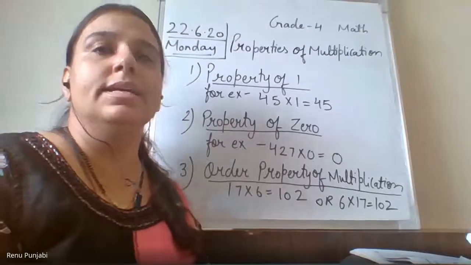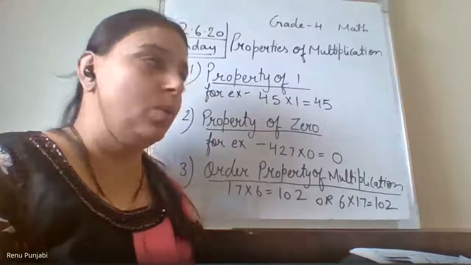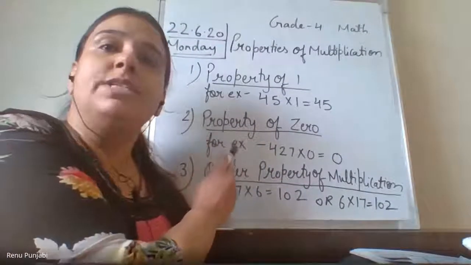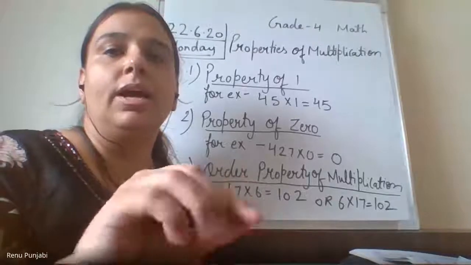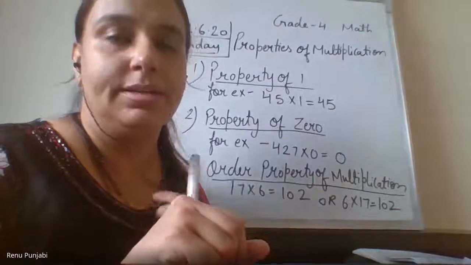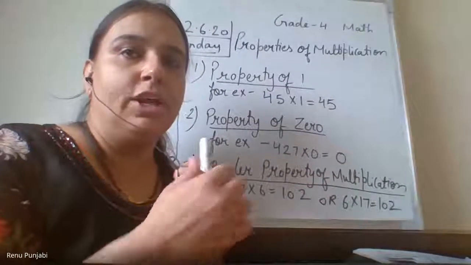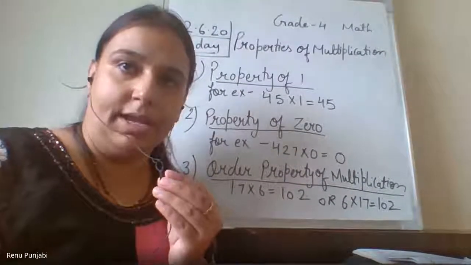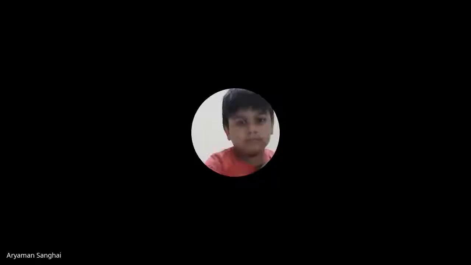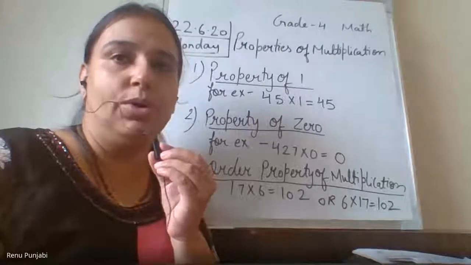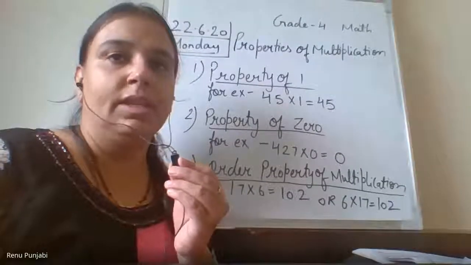Next property is the property of 0. According to this property, when any number is multiplied by 0, it gives you 0. You don't have to write, you have to listen.